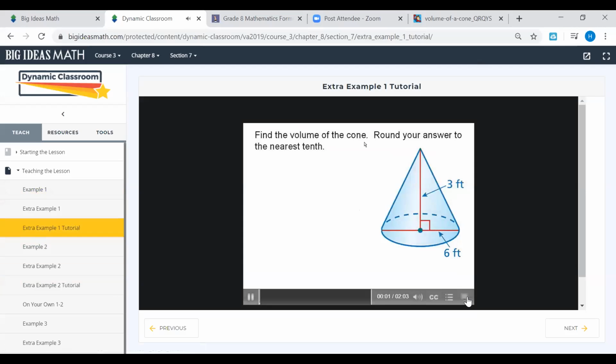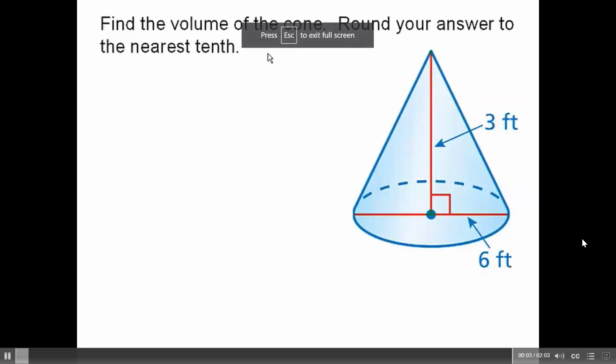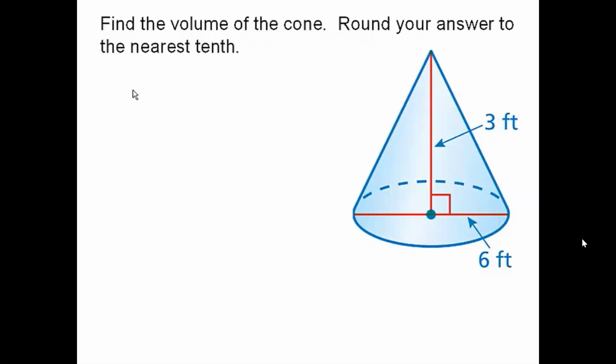Find the volume of the cone. Round your answer to the nearest tenth. First, let's start by writing the formula for the volume of a cone. We have the volume V is equal to 1/3 times the area of the base B times the height H. Now we're ready to substitute our values from our cone.